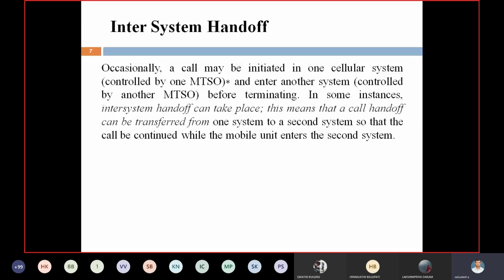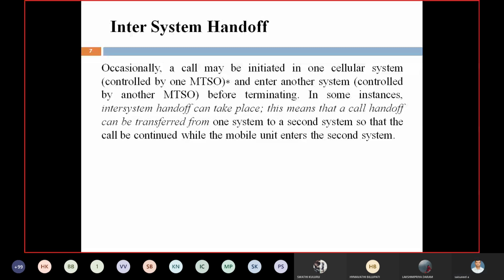Nothing but a call may be initiated in one cellular system and enter another cellular system before terminating. We have a number of telephone circles: Andhra Pradesh telephone circle, Telangana telephone circle, Karnataka telephone circle. These circles have different MSCs. The Andhra telephone circle is maintained by one MSC or MTSO, and the Karnataka telephone circle is maintained by another MSC or MTSO, like this.